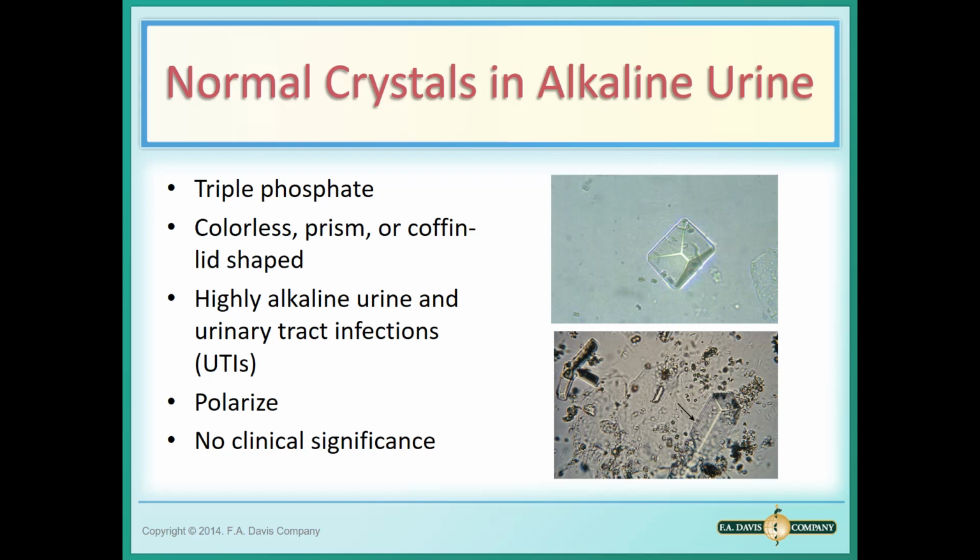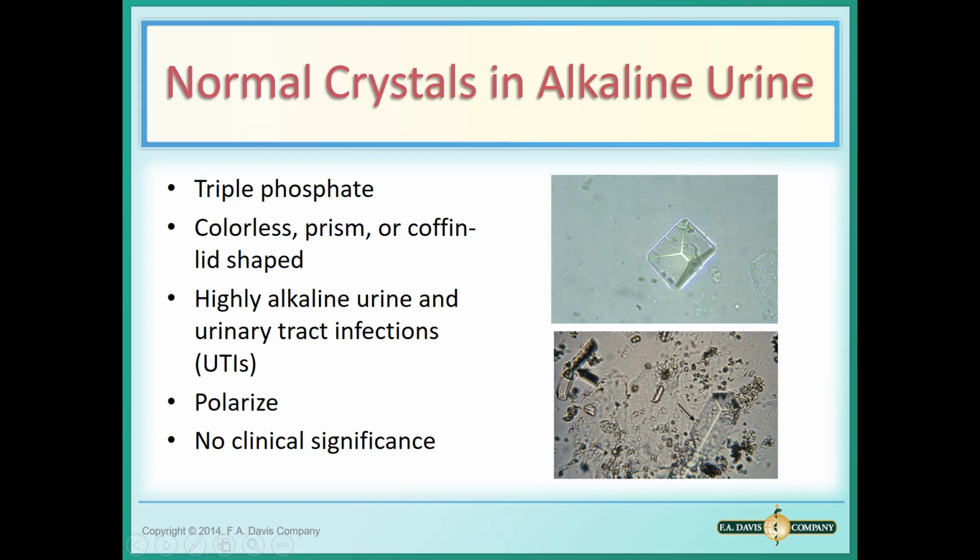So an alkaline urine pH, this is an interesting shape. We call it a coffin lid shape. And if you look at it, it's hard to see here. It's a three-dimensional, almost, I don't want to use the word pyramid, but there's a side that goes up, a side that goes up, a side that goes up, and a side that goes up into a three-dimensional shape.